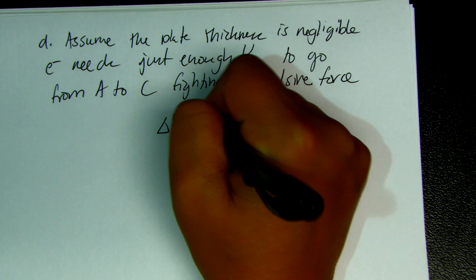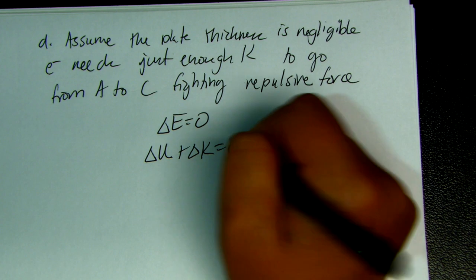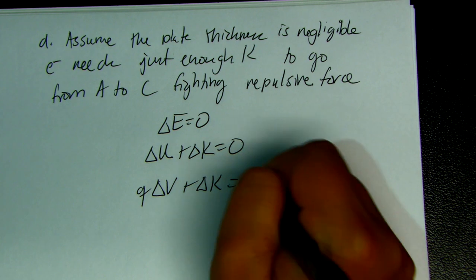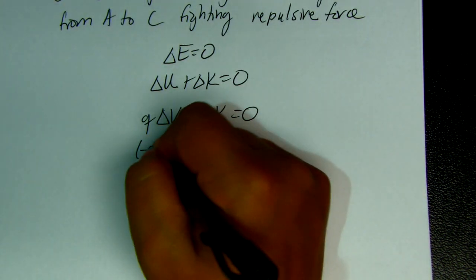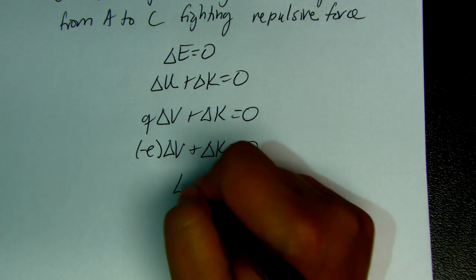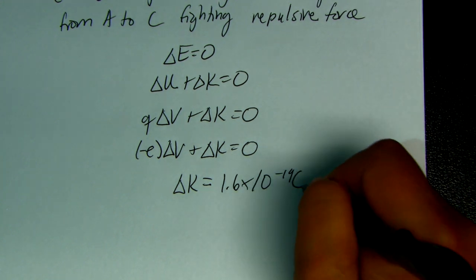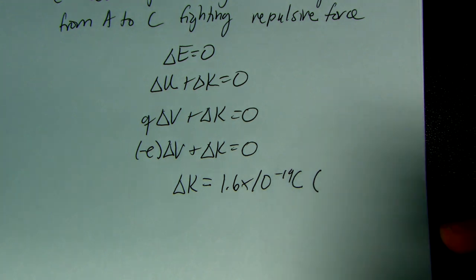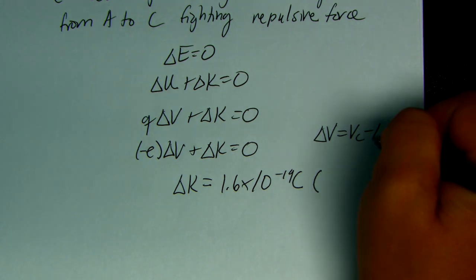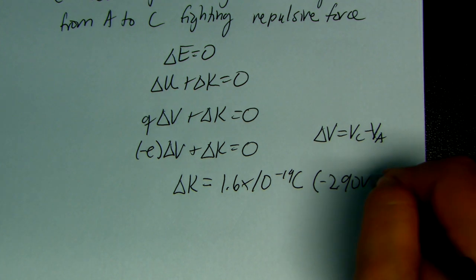All right, so once again, our change in E is 0. Delta U plus delta K is equal to 0. We would have Q delta V plus delta K is equal to 0. Then minus e delta V plus delta K is equal to 0. Delta K is equal to 1.6 times 10 to the minus 19 coulombs. And this time we want delta V equals VC minus VA, which is minus 290 volts.